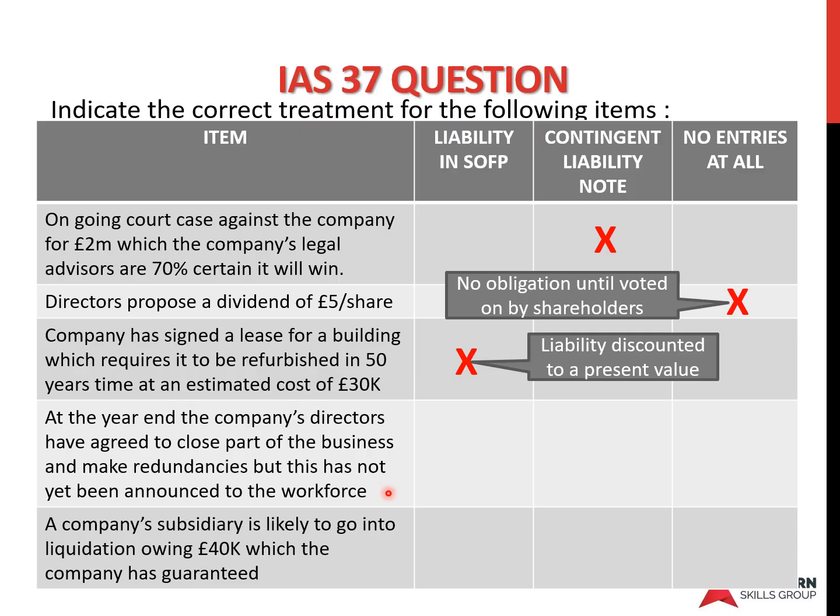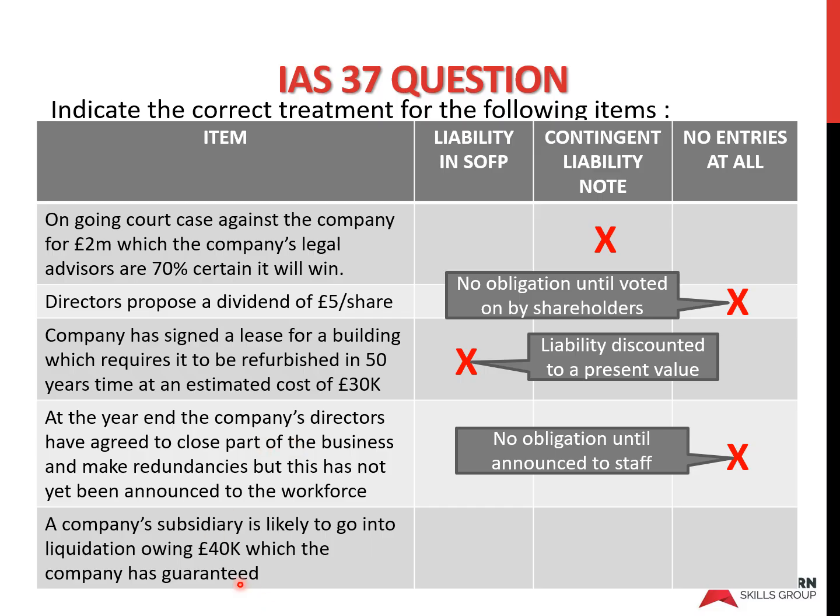Until it's made public, there's no obligation to carry out that plan, and so no entries are required at the moment whatsoever, because it's just a proposal. It only becomes a firm obligation when staff have been notified of those plans. Up until that point in time, the directors can change their mind, and there's nothing anyone can do about that.